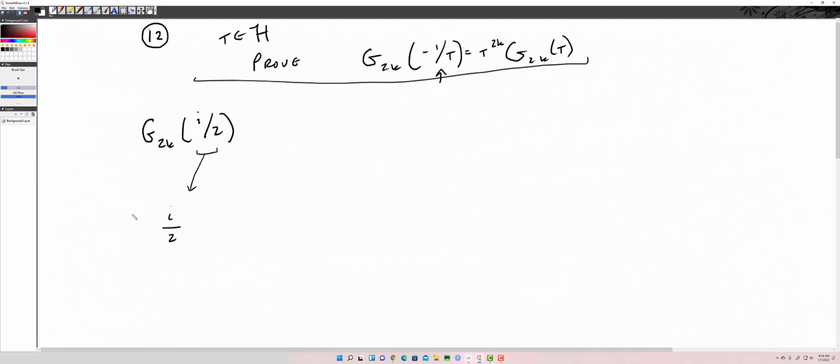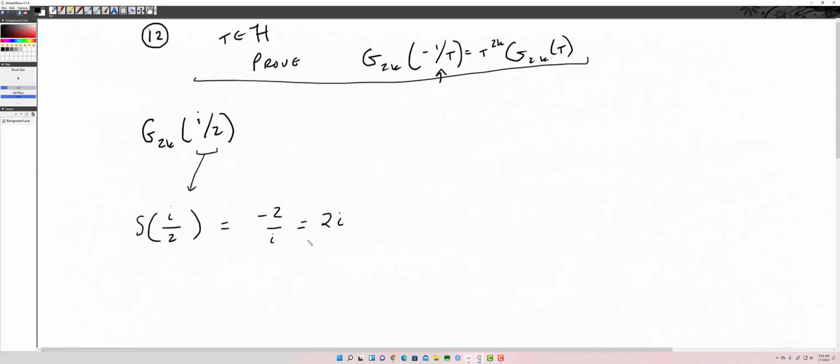i over 2, if I act on i over 2 with S, what I get is minus 2 over i. Minus 1 over i is just i, so we have 2i here.